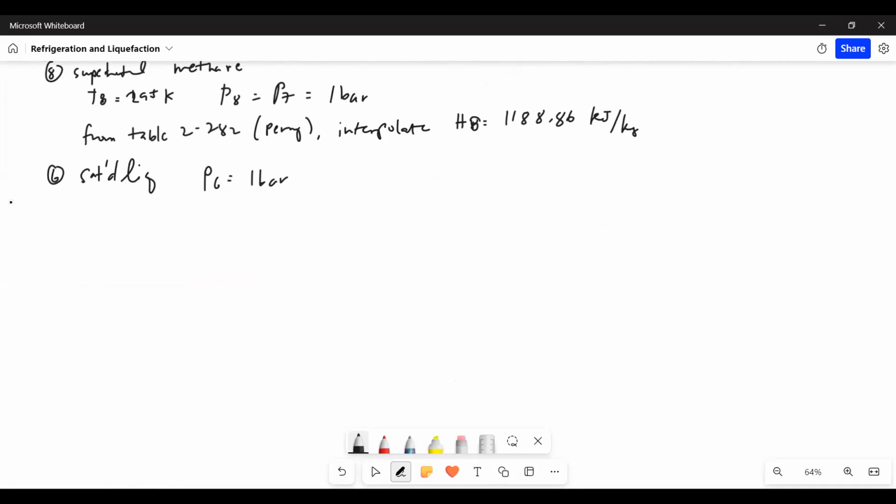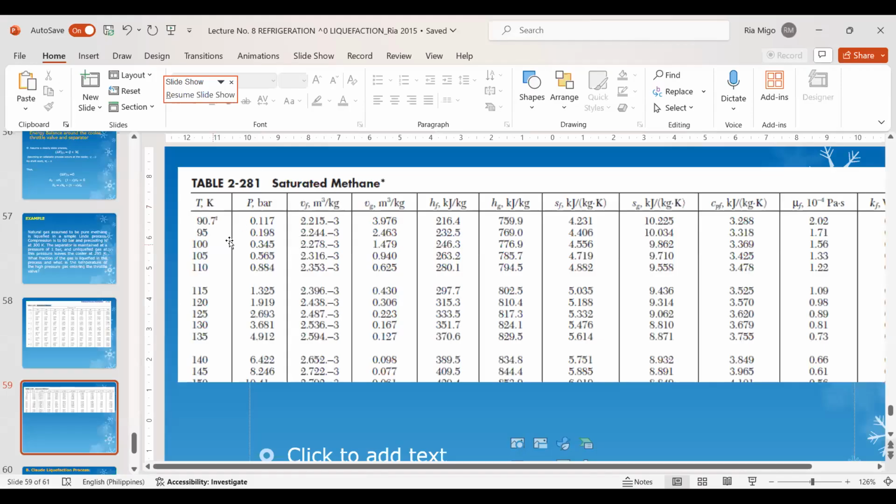So using table 2-281 in Perry, this is for saturated methane. Okay, 1 bar. We have to interpolate for HL.